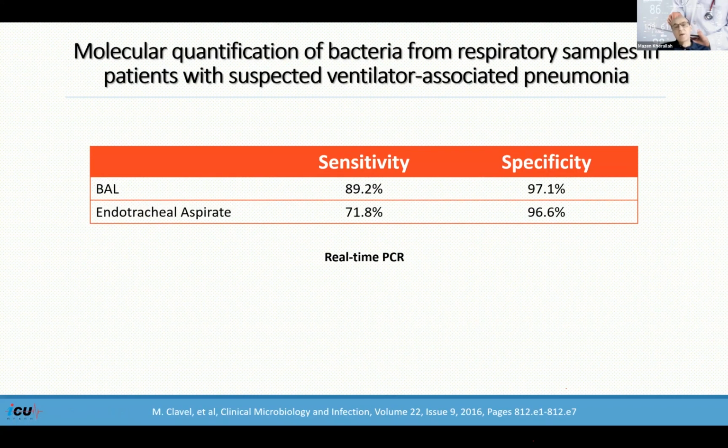So in real life, in ventilator-associated pneumonia, the sensitivity was around 90%, specificity still high, 97%. On the endotracheal aspirate, sensitivity was less, 71% or 72%, and specificity was 97%.